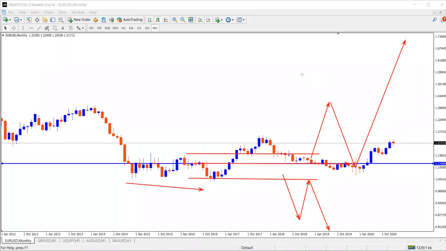Your stop loss should be below that candle. It should be below the low here. Meaning that if price is able to break out, then we are going to get a rejection, or we are going to get a change of the trend.